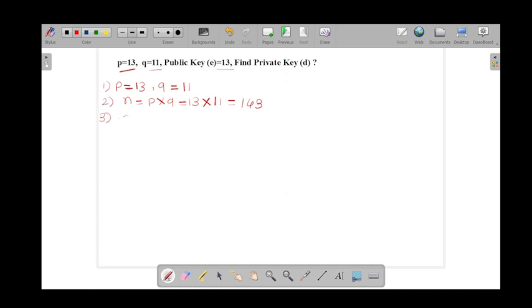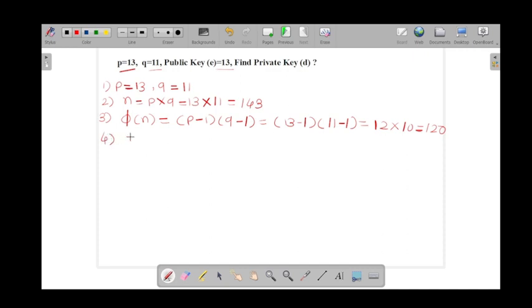Third step is phi of n is equal to (P minus 1) into (Q minus 1), so 13 minus 1 into 11 minus 1 is 12 into 10, that is 120.